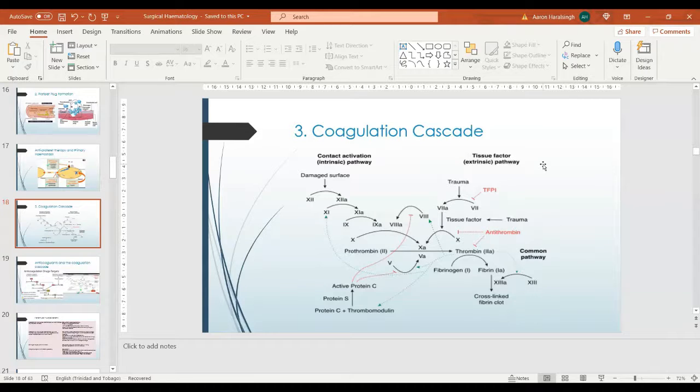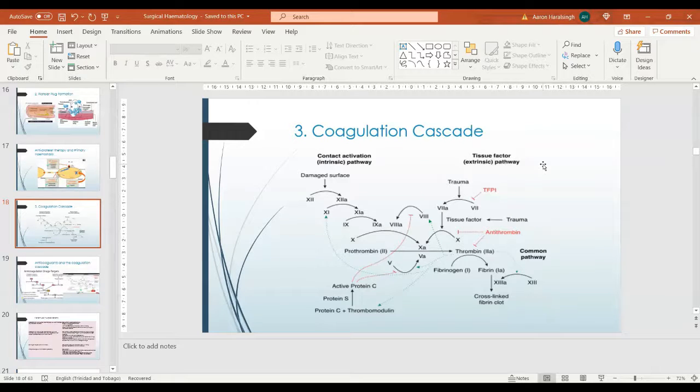Another way of thinking about it is that the PT essentially helps you to evaluate the extrinsic pathway because of its evaluation of factor 7, and the PTT helps in the evaluation of the intrinsic pathway, primarily because of its testing of factors 12 and 9.